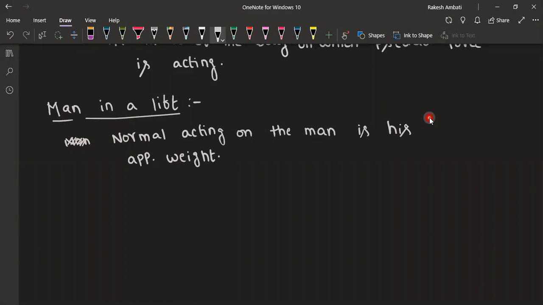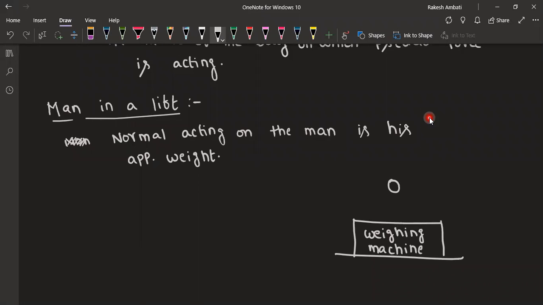For example, take a weighing machine, and a man is standing on this machine to measure his weight.